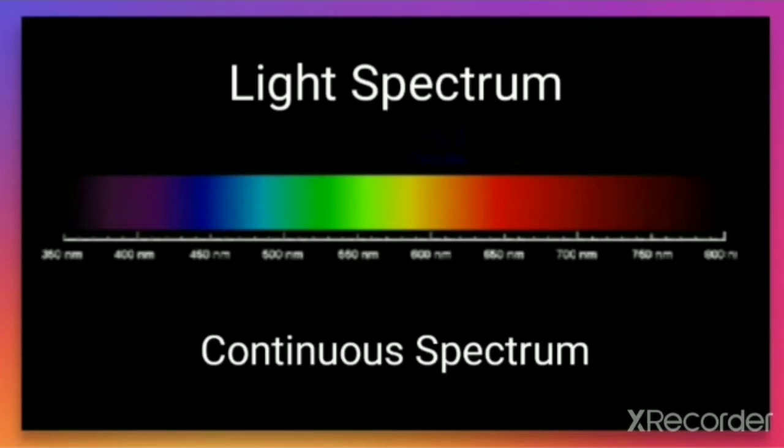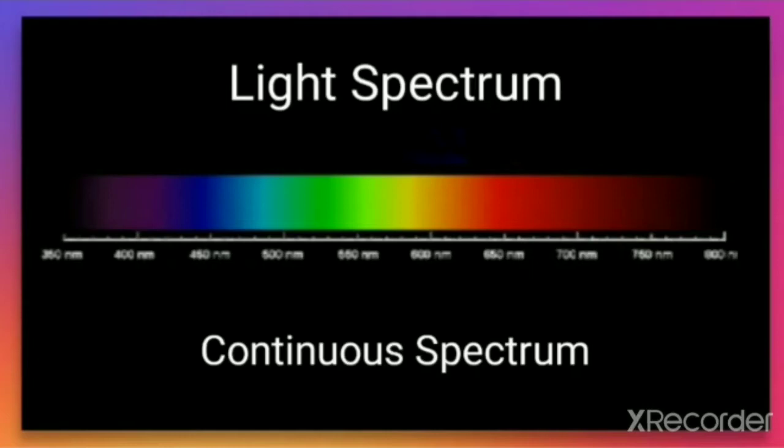So we are familiar with the light spectrum, which has 7 colors, and these colors are merged with one another. Therefore, it is called a continuous spectrum. All colors have a particular wavelength and frequency. Therefore, each color is represented as radiation.